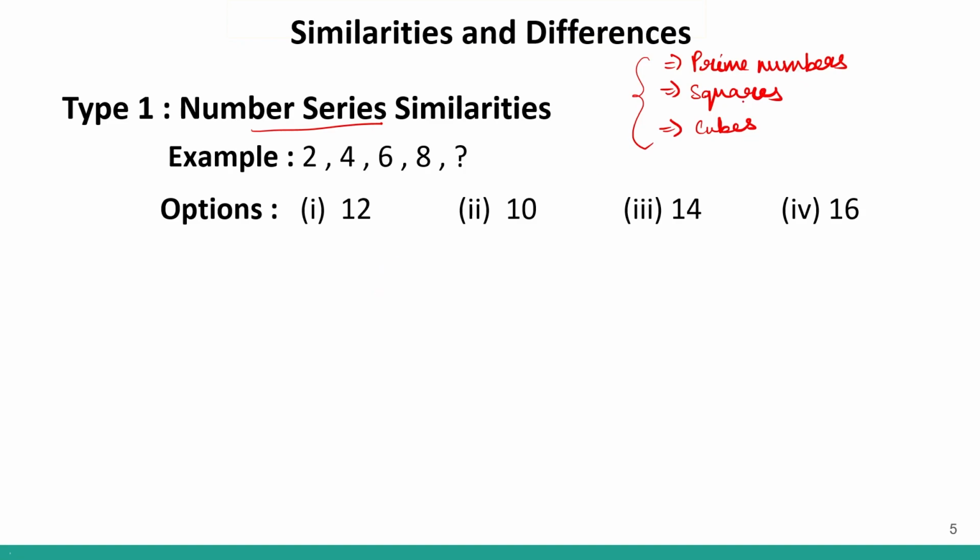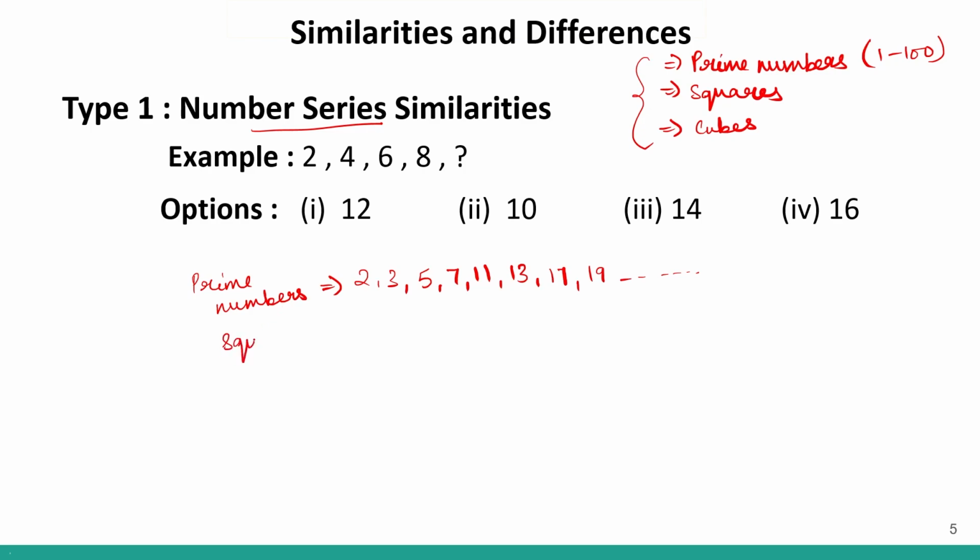Prime numbers are what? At least 1 to 100. So the first prime number is 2, then 3, then 5, then 7, then 11, then 13, then we have 17, 19, and so on. So these are called prime numbers. So this you should remember.